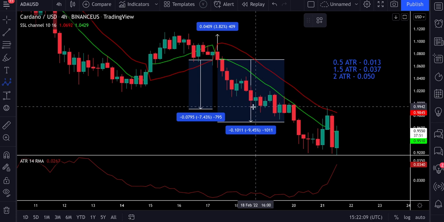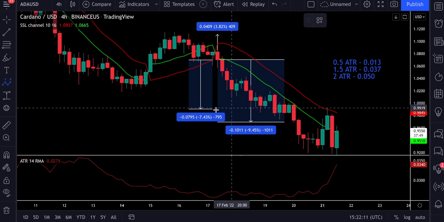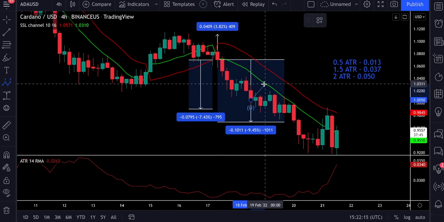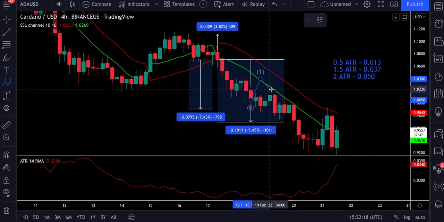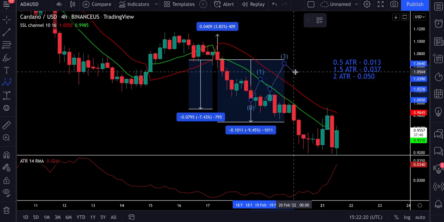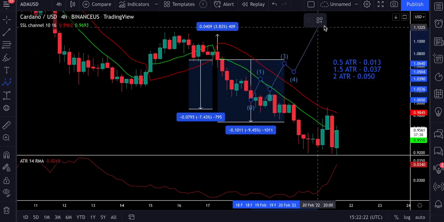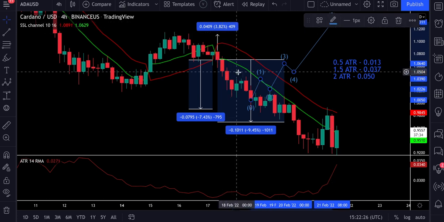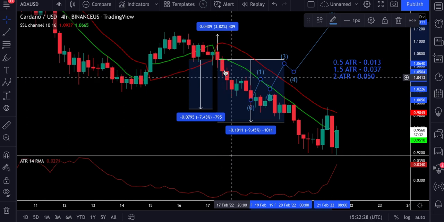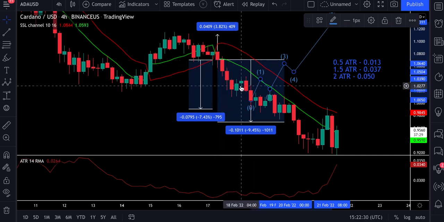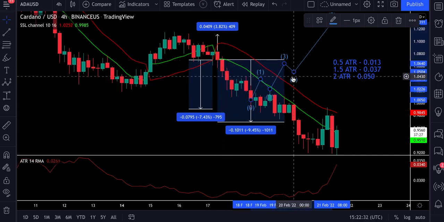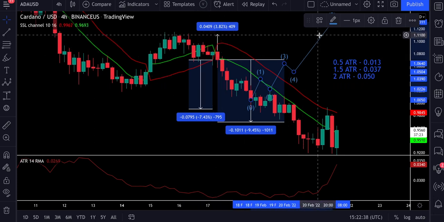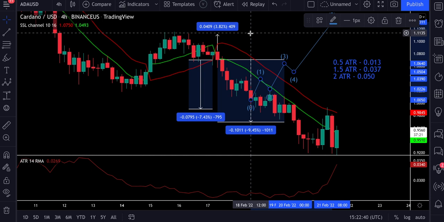Let's assume the price went all the way down here, close to your take profit level, and it reversed. Yep. 1, 2, 3, and it hits your stop loss. So now you had a winning trade that actually went in your favor, but because you are really bad at money management, this is what happened. The price hit your stop loss.